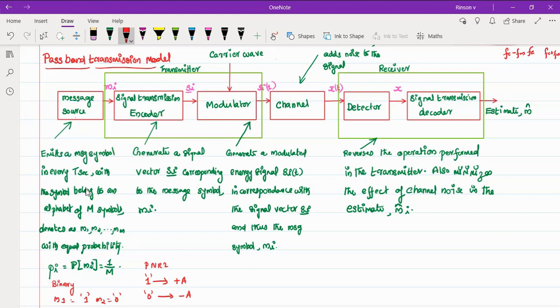So each symbol has a probability of getting transmitted equal to 1 by M, because we have M symbols to transmit. Assume that it's a binary source, for example, then capital M is equal to 2. That is, I have only two symbols to transmit, either 0 or 1.